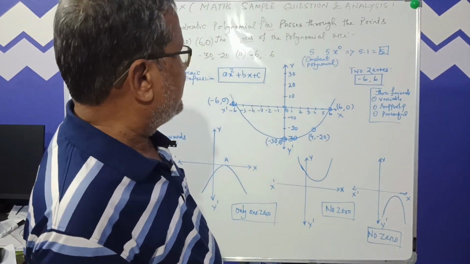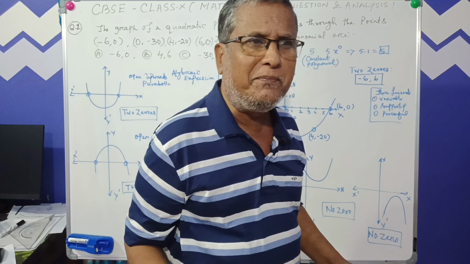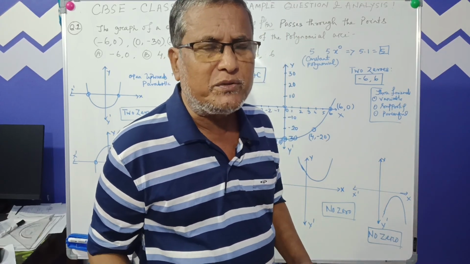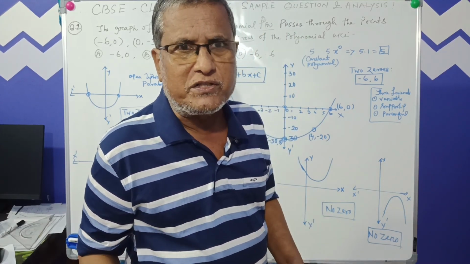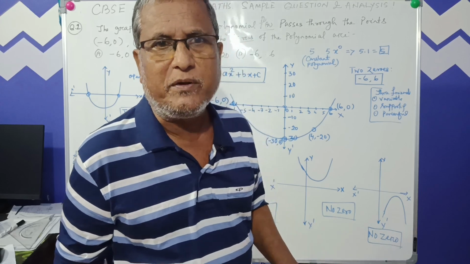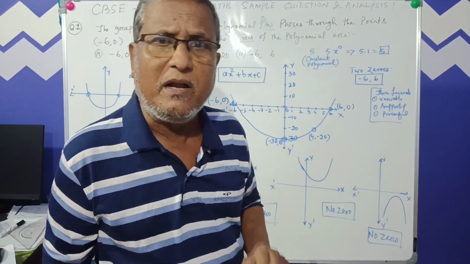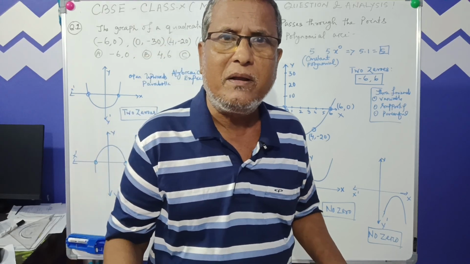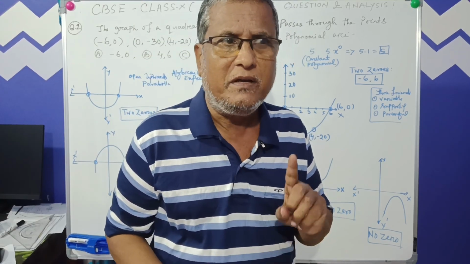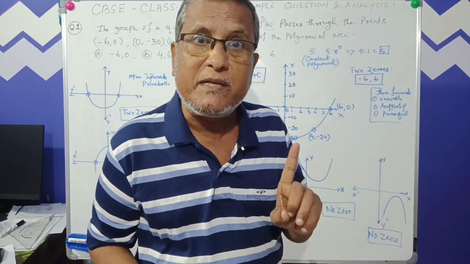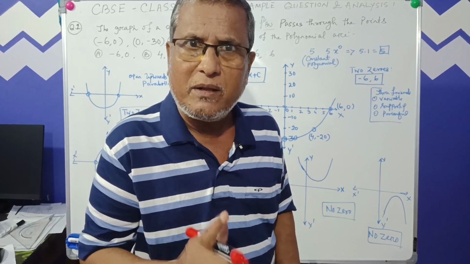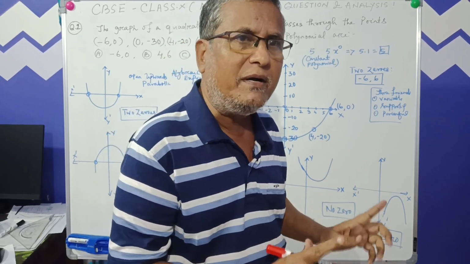Okay, so let's discuss. It's a very simple thing, but we shall discuss the fundamental concept of polynomial for your better clarification. Let's recap. What is a polynomial? A polynomial is an algebraic expression. It may be one term or more than one term.